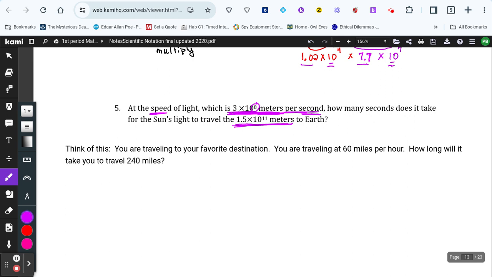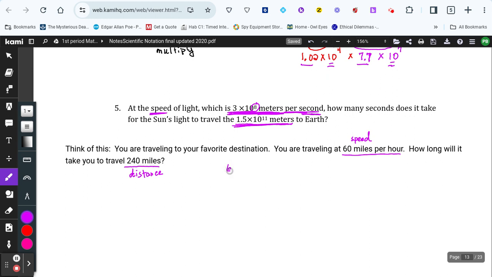All right, so imagine this. You're traveling to your favorite destination and you travel at 60 miles per hour. So that's your speed. How long will it take you to travel 240 miles? That is your distance. So how long would it take you if you're going 60 miles every hour to get 240 miles?